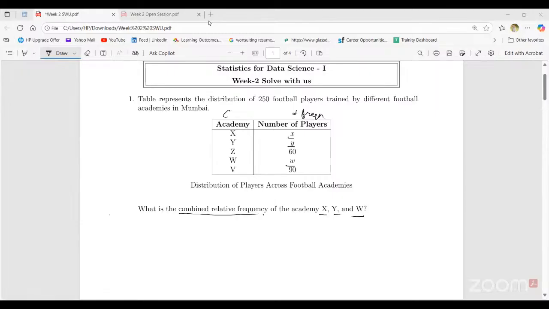What is 100? What is the question asking?